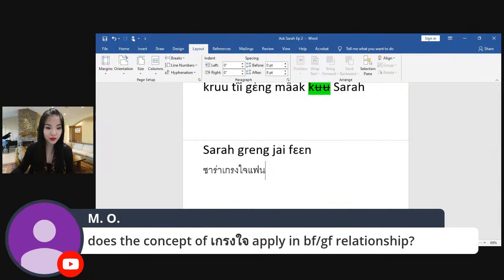Yeah. Okay, so that's greng jai fan. So if I'm greng jai fan, greng jai boyfriend, then I can give you an example. Like my ex-boyfriend didn't like me to go out and have dinner. I mean, that's common anyways in relationships. So we were in a long distance relationship and he didn't want me to go out and meet guys for dinner.